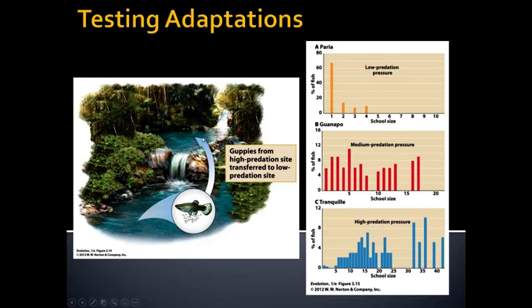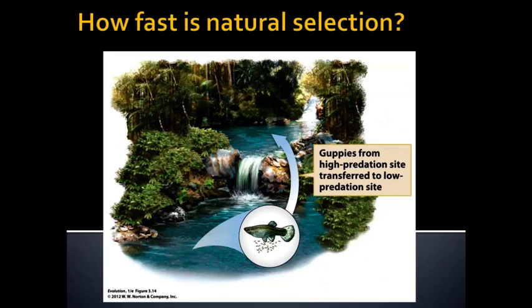And if we move them to a new environment, it's no longer an adaptation, and we see a shift in the phenotype. So that's a good example where they tested a trait that they thought was an adaptation and gathered data that said, yes, sure enough, it is. Okay? And not only that, but it allowed us to estimate and measure how fast natural selection works.